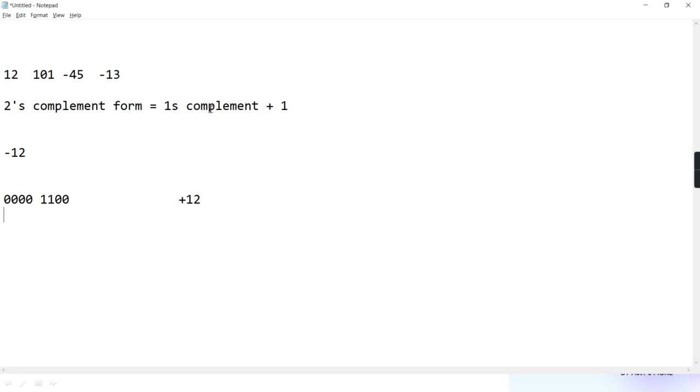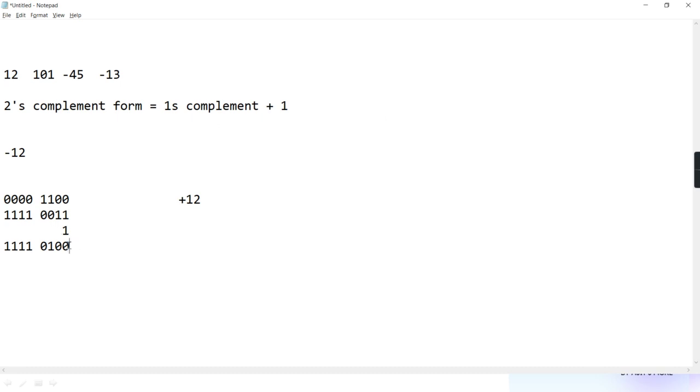According to the traditional way, you will do one's complement and then add 1 to it. One's complement means this. And now you are going to add 1 to it. Getting? What will be the answer? Tell me. Will it be 1110100?